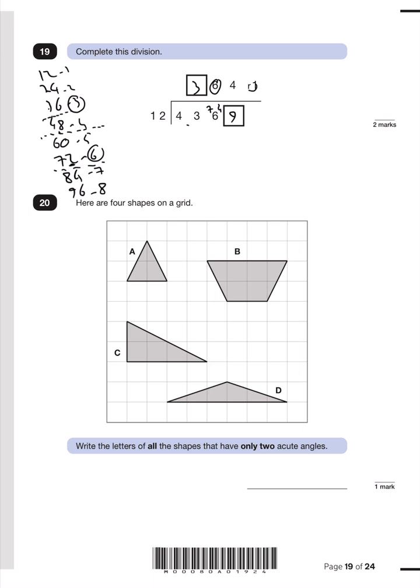A has 3 angles that are exactly the same, so it wouldn't be A. B has 1 acute angle, 2 acute angles, yes, so that's B. C has 1, 2, yeah, so we've got C as well. And D has 1, 2, yes, so it's B, C, D.